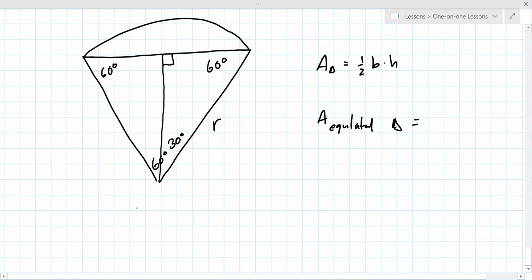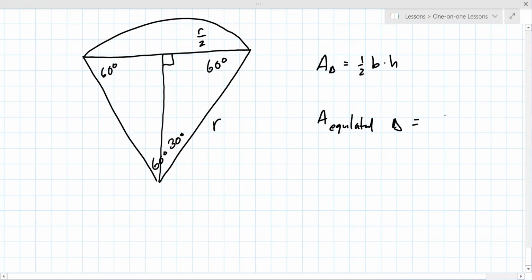So this is radius here. And this is radius over 2 up here, because if it's 60, 60, 60. So you can find the area of the whole thing, because this is r across here.